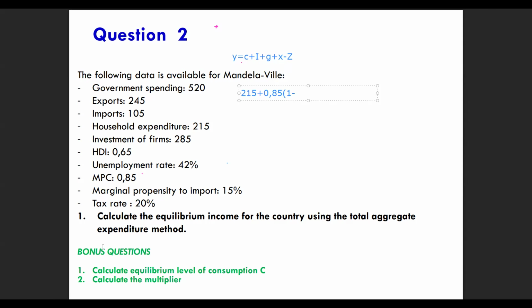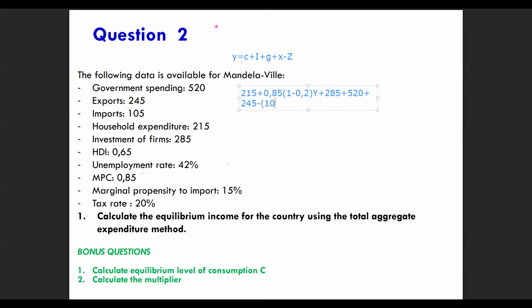It's going to be 0.85 into 1 minus T, to calculate your disposable income, right? The tax rate is 20%, so this is 0.2, times income Y, plus investment, which is 285, plus government expenditure 420, plus your export 245, and then minus, open your bracket, the autonomous component of import.